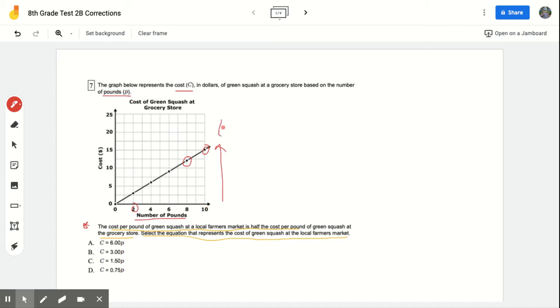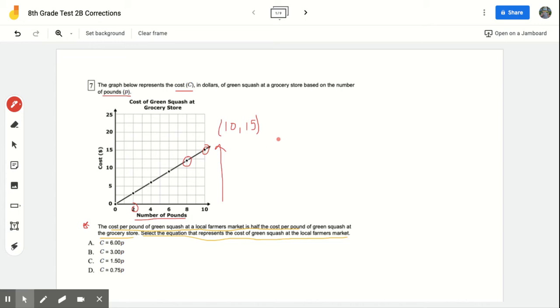So this says that 10 pounds costs $15. All right, so 10 pounds, $15.